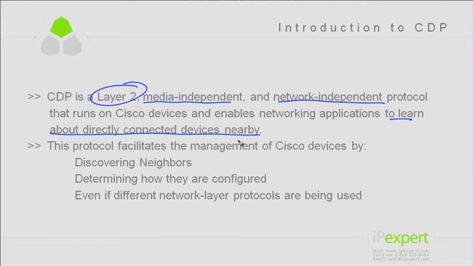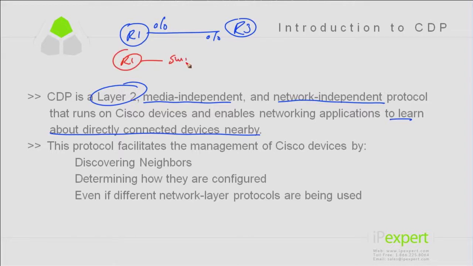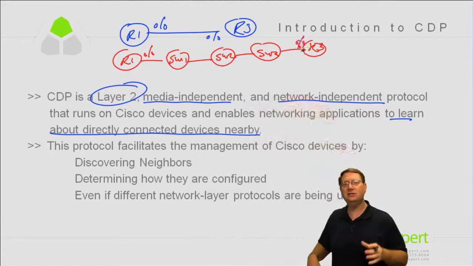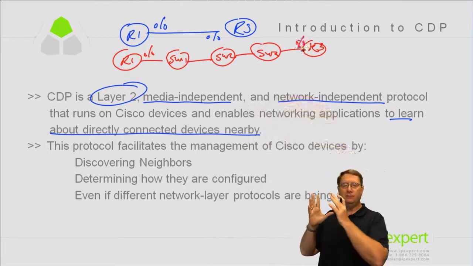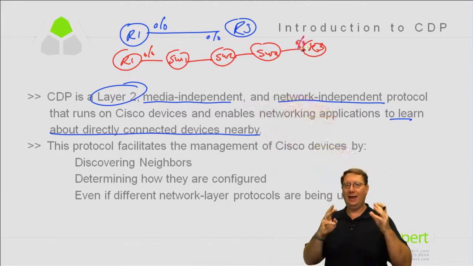If I have R1 and a logical drawing with a connection between R1 and R3 using interface 0/0, what I may actually have is R1 connected directly to SW1 via interface 0/0, and SW1 or CAT1 connected to SW2, SW3, and then connected to R3 via FastEthernet 0/0. What I'm illustrating is the principal difference between a layer 2 physical drawing and a logical drawing.